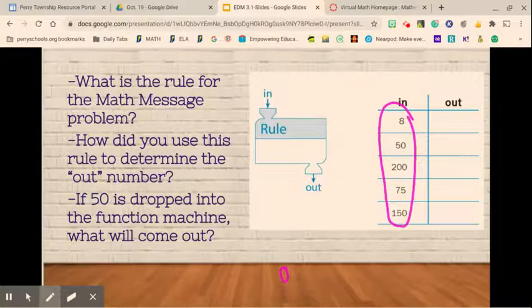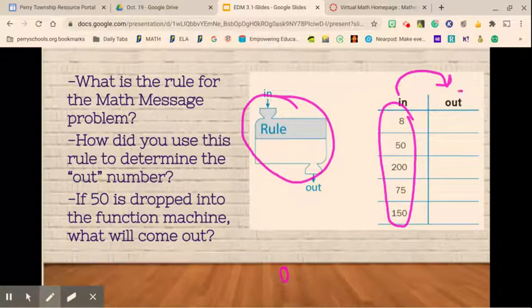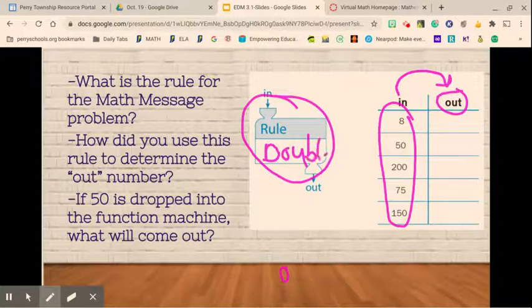And what I like to do when I think about this function machine is what I put in, and then I do my rule up here. The rule is going to be right here. And then I get my outcome. So in this case, my rule was double. So whatever I put in, my rule tells me I have to double it, and that's what comes out.